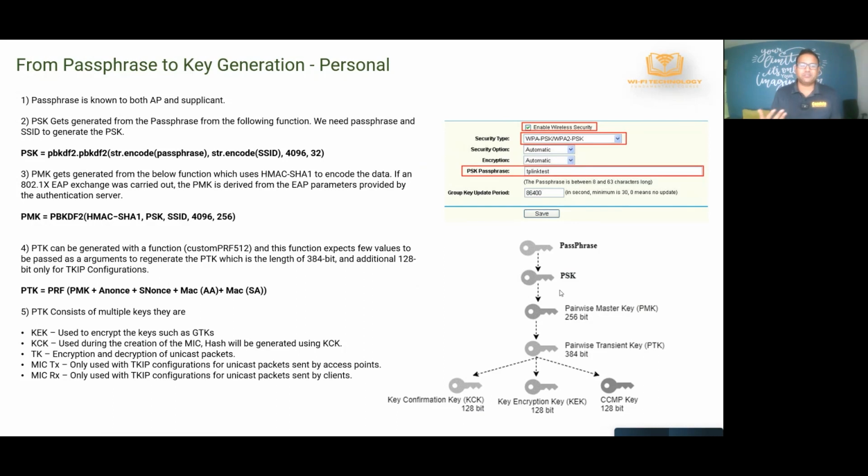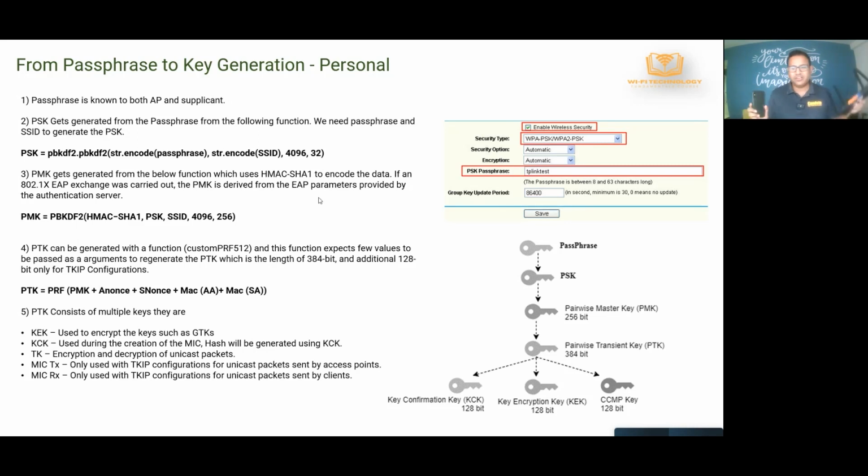It is calculated as a factor of the pre-shared key, which is already calculated, plus the SSID and a few other message integrity information, and there are some algorithms that are used here to generate the PMK. From that comes what we call the PTK, or the pairwise transient key, and this is a key that is only used for a particular session that happens between this client and this access point.